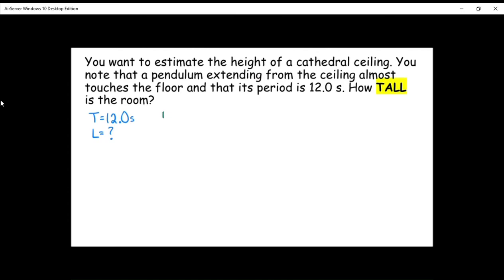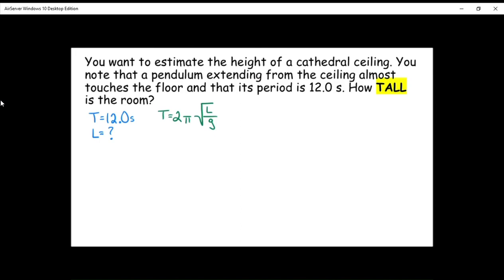So we need the formula that has length and period in it. We've got to rearrange it for length, so you can either go back to your previous problem and use that formula, but I'll walk through it again.